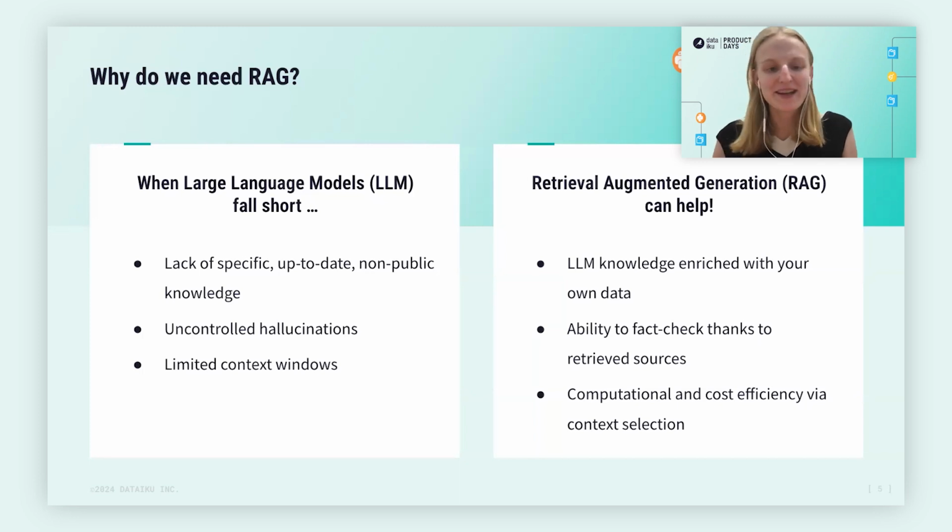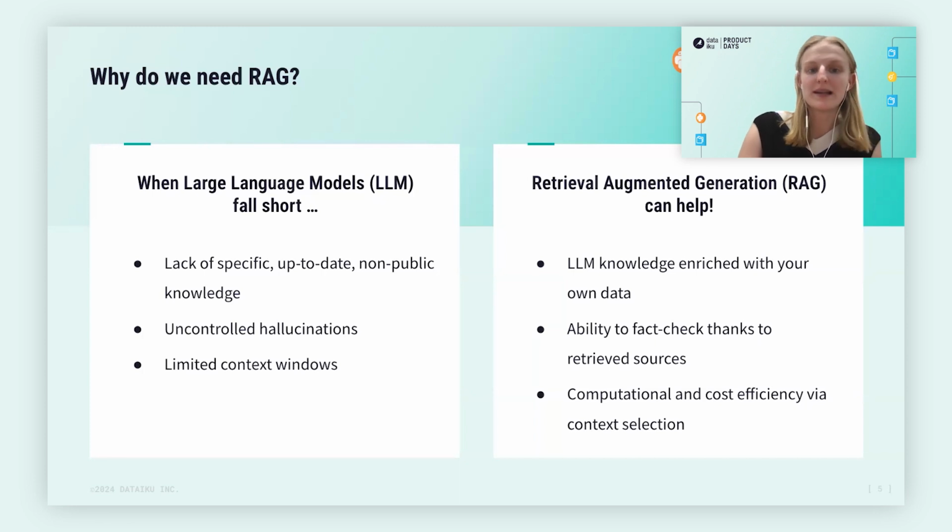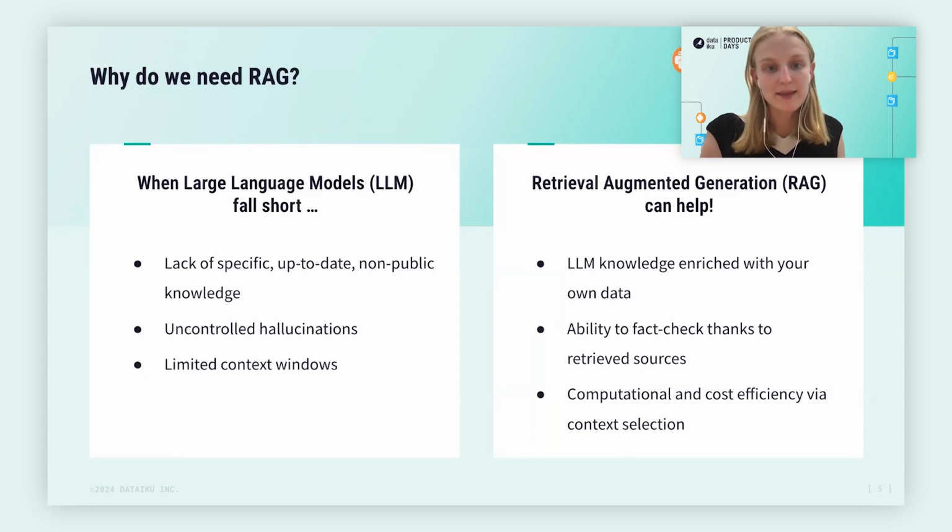How? First of all, the concept of RAG is to enrich the LLM knowledge, so what the LLM has learned during its training, with your own data. Then the LLM will not only answer with a plain response, but will justify its answers with some precise paragraphs that have been extracted from the documents that you have enriched the LLM with, which can be very helpful if you want to fact-check the answers that have been generated.